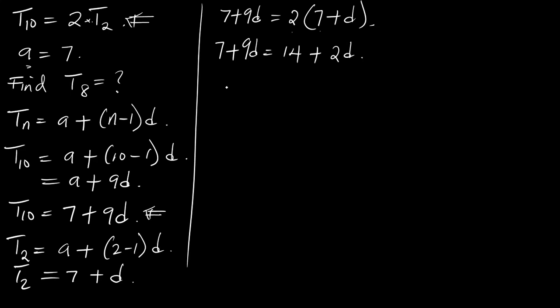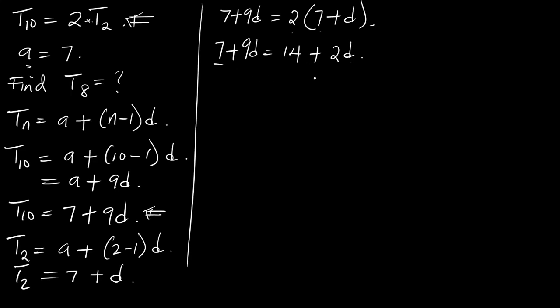Now, what we're going to do is arrange it in terms that are similar. We need to remove 2d from this other side. We need to remove 7. We want the d to go to this other side, while 7 goes to this other side. There are two ways to do this.